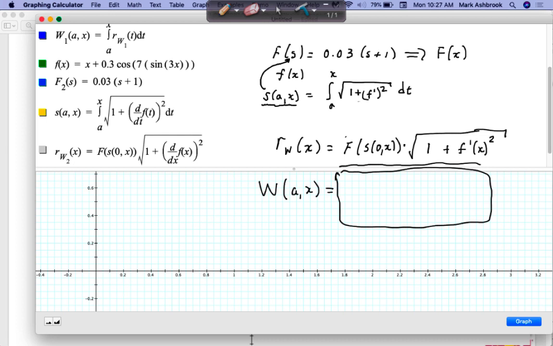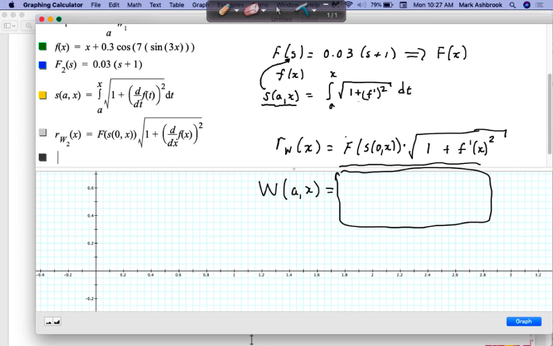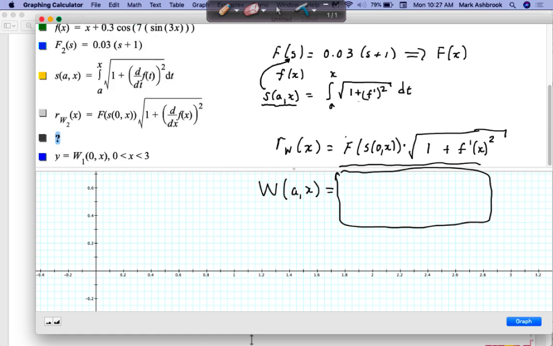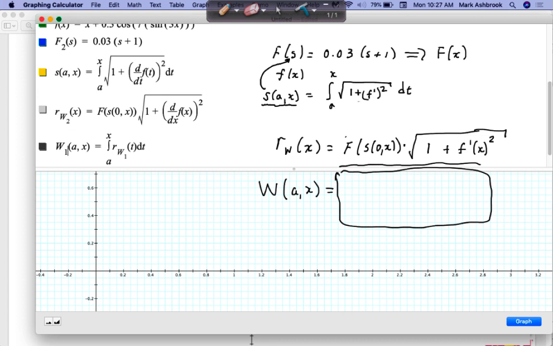So now we're ready to do the work 2 function. Which I think is just like this, but with work 2. So I'm going to copy and paste and change it up. Is it right?